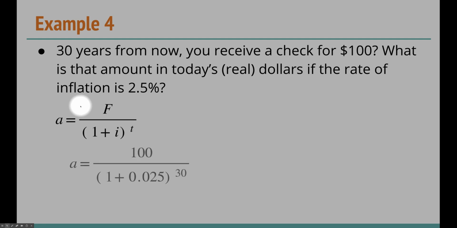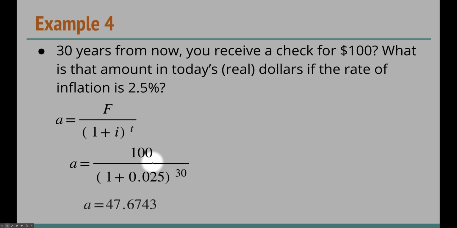So I have that the future cost or the future value of this amount is $100. That goes up on top. I know the inflation rate is 2.5%, and I know that 30 years of inflation are going to act on this amount. And you can see here, this is a calculation that a scientific calculator like Desmos or any handheld calculator can do pretty quickly.